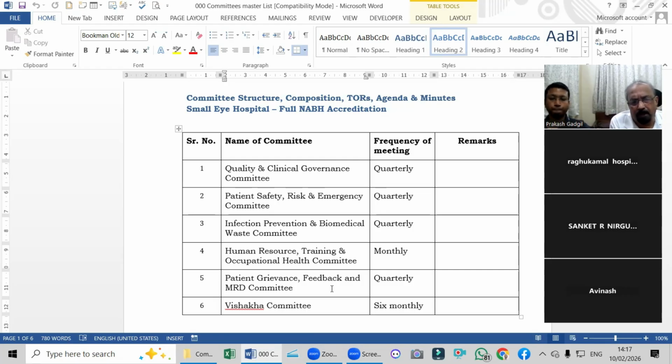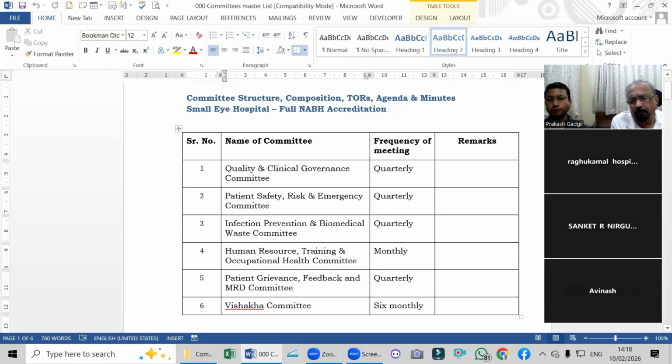But suppose there is an issue of quality and certain parameters were out. In that case, the meeting can be held immediately after the incident, just to analyze what happened. You don't need to wait for another 2 or 3 months for the meeting to happen.